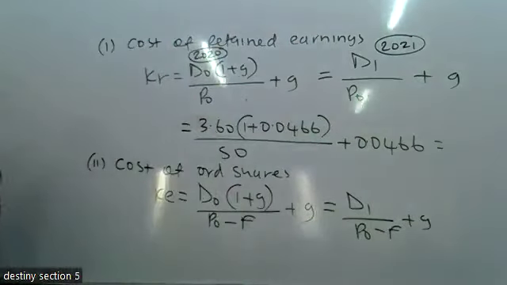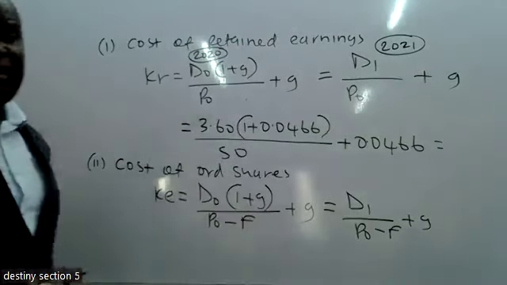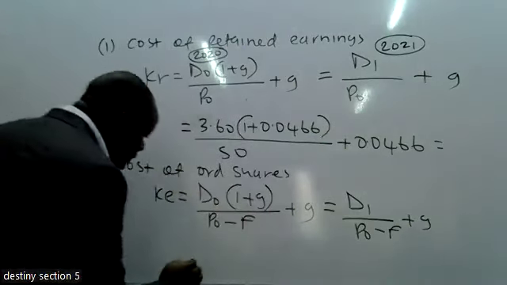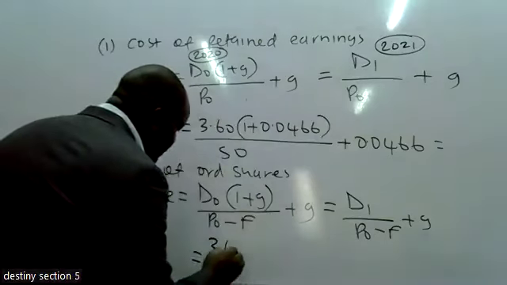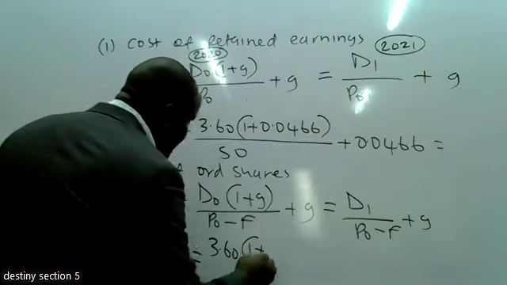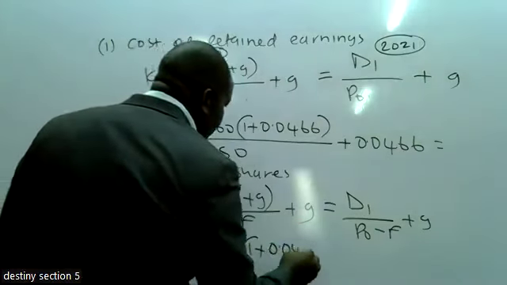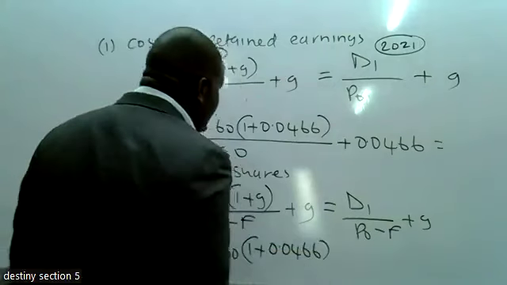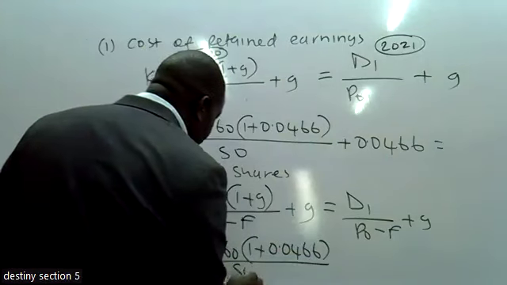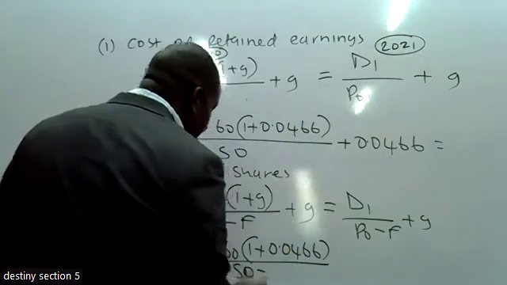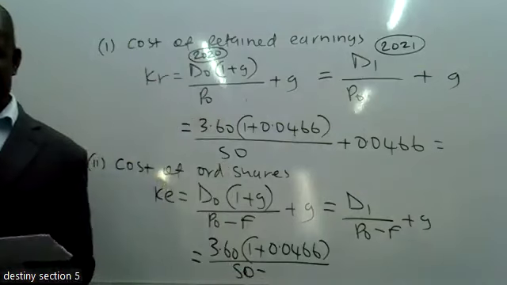So all the details we have used for the retained earnings remain. So this now will be 3.60, 1 plus G, which is 0.04. Minus the flotation cost.